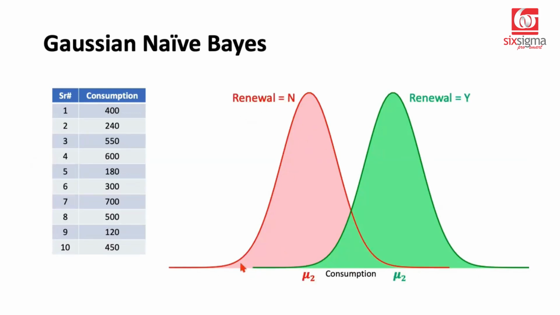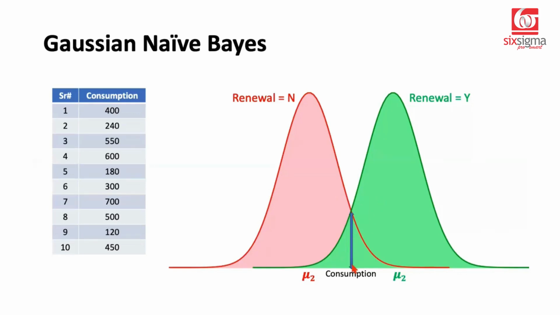On the left, we have the distribution for consumption when we've considered the renewal status to be no. On the right, we have the distribution for consumption when we have considered the renewal status to be yes. These may not be looking identical. These could be different means and standard deviations, but just for demonstration purposes, we've taken similar looking curves. It is not mandatory.